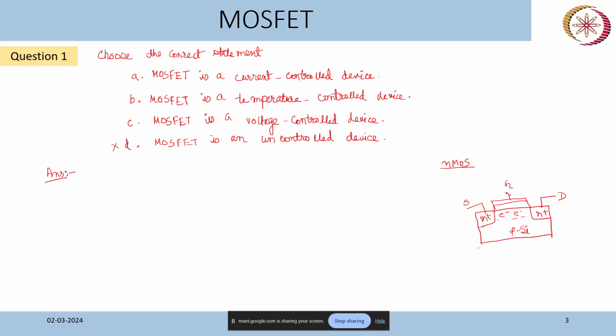The voltage applied to the third terminal, that is the gate terminal, will give a current between source to drain, the drain current ID. So the correct option will be option C. MOSFET is a voltage control device because the applied voltage at the gate terminal controls the output. And what is the output? Output is the drain current.